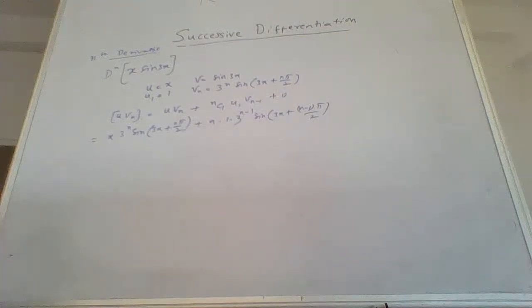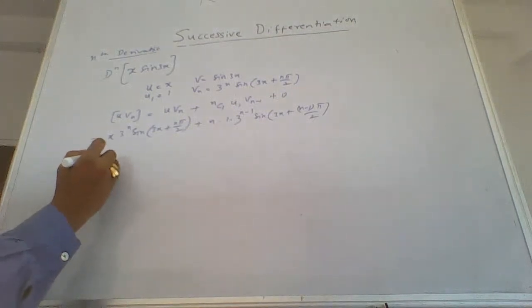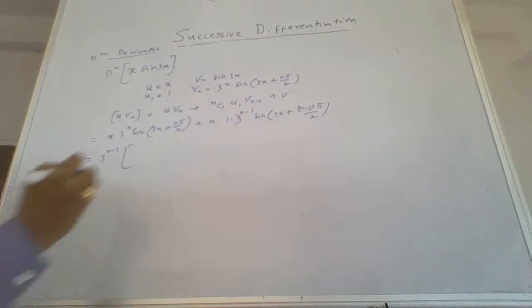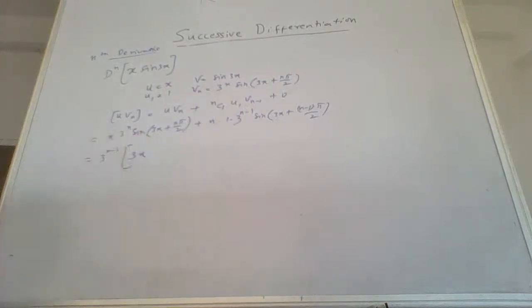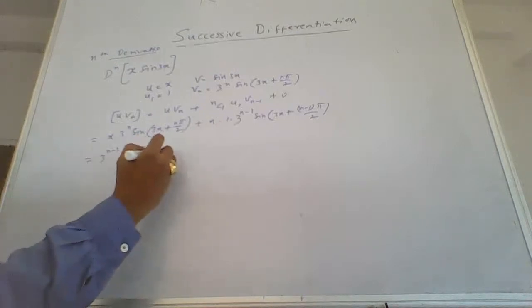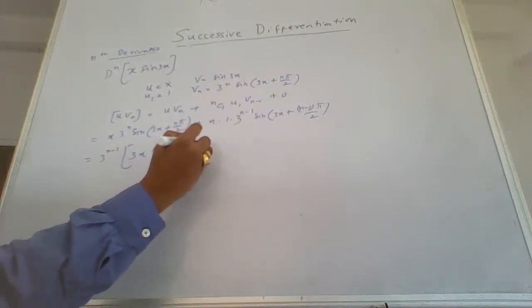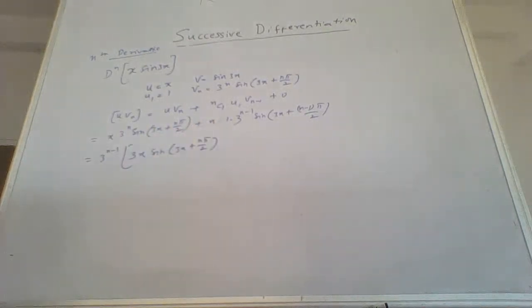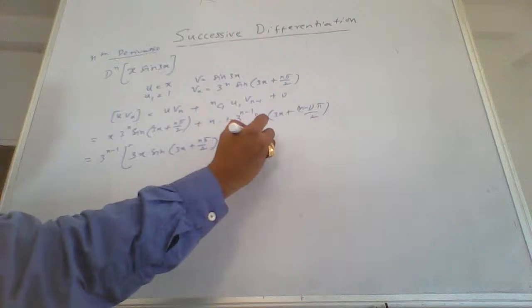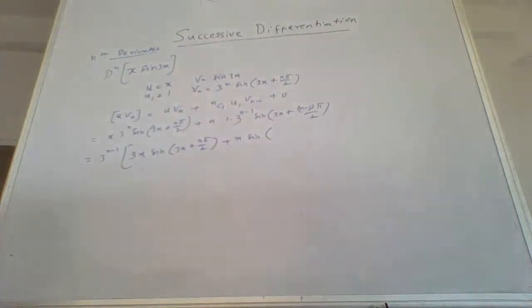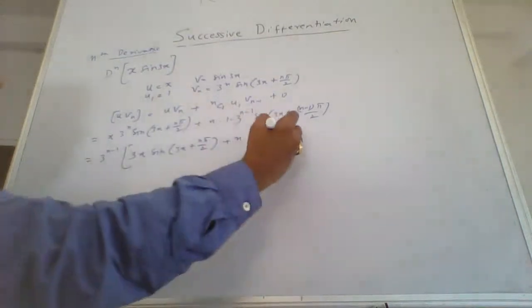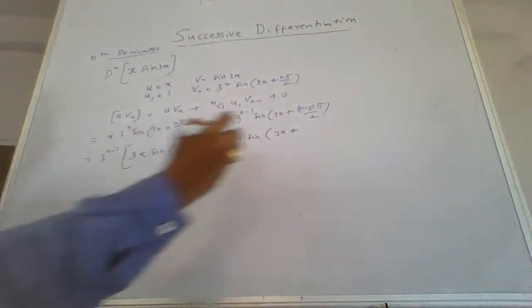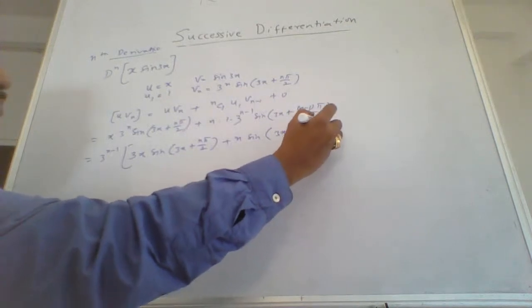Again, if I try to simplify further, 3 to the power of n minus 1, I'll have 3x sine of 3x plus n pi by 2 plus n times sine of 3x plus n minus 1 pi by 2.